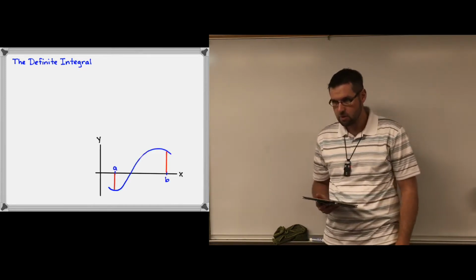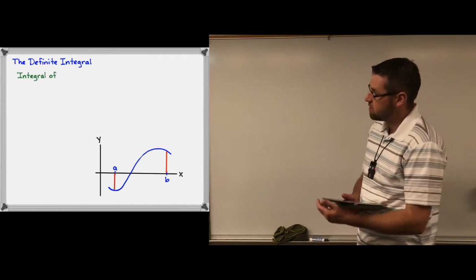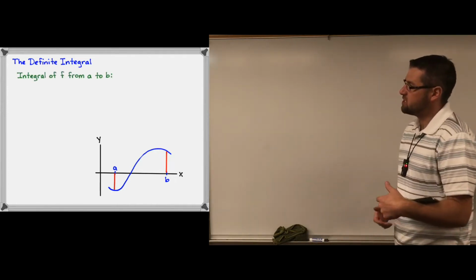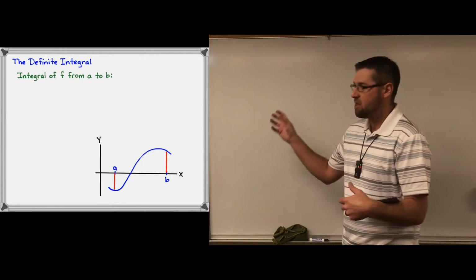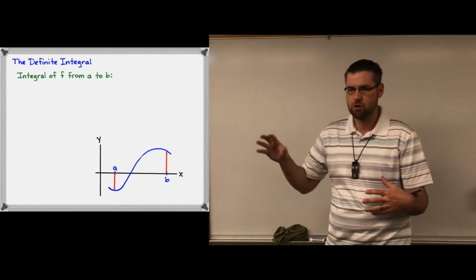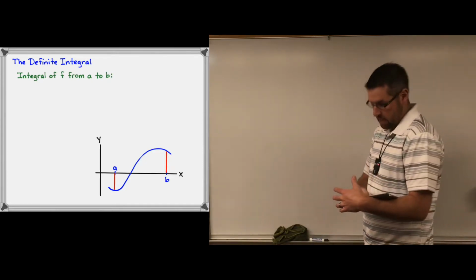Okay. So same graph. You get something that looks like this. So we would say the integral of f from a to b, in other words, the area under the curve from a to b, is written like this.